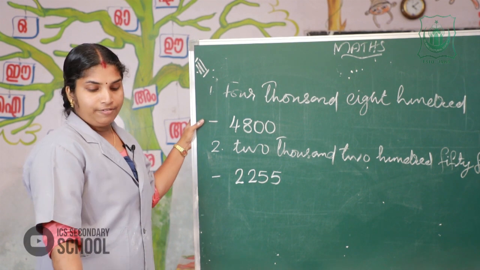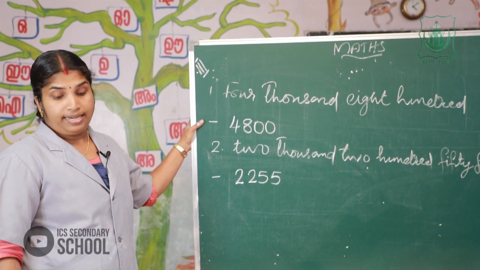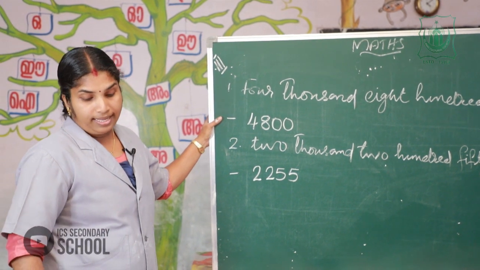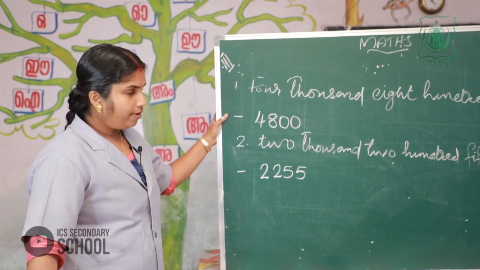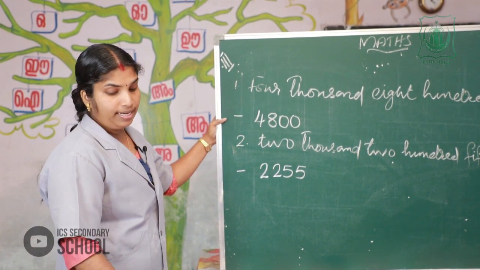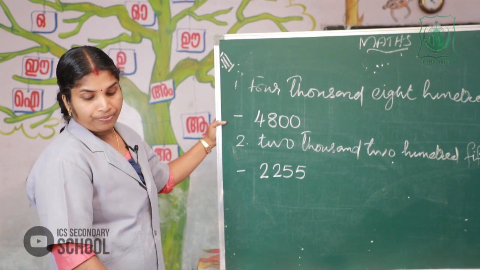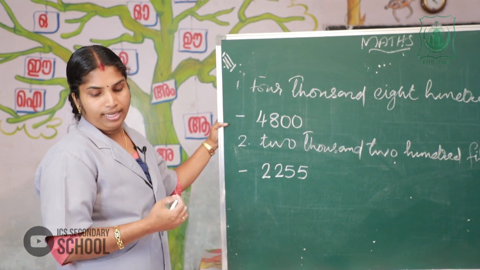Okay. Next one is to write the number names for these numbers. Exercise D. Please note the exercise D. Write the number names of these numbers.